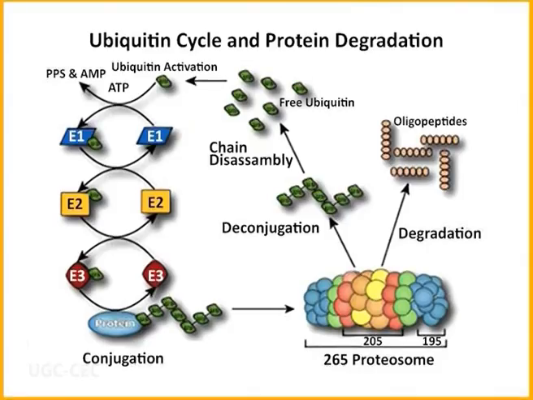Fourth is ubiquitination. All of the previously described histone modifications result in relatively small molecular changes to amino acid side chains. In contrast, ubiquitination results in a much larger covalent modification.